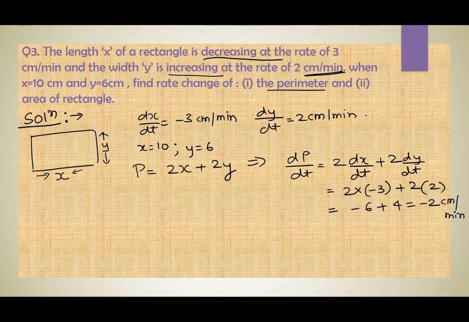अब सेकंड आंसर निकालना है, एरिया ऑफ रेक्टेंगल. एरिया ऑफ रेक्टेंगल इज ऑलवेज x इंटू y. अब रेट ऑफ चेंज निकालना है. Now since उसने ऐसा नहीं बोला, find the rate of change of area with respect to length, ऐसा ना बोलते हुए सिर्फ rate of change बोला है, with respect to time लेना पड़ेगा.